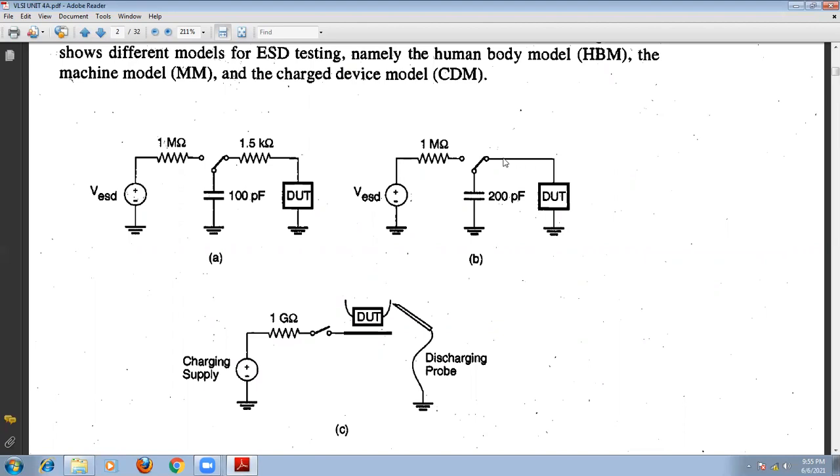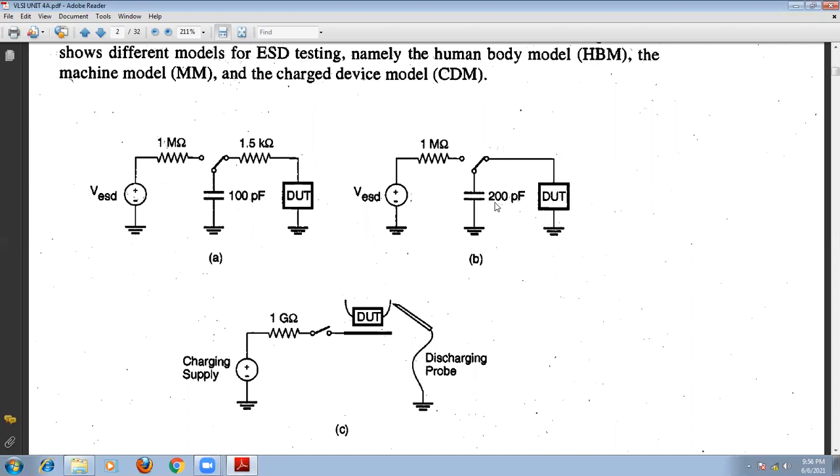We are going to consider zero resistance here. Basically, we are using a 0.5 microhenry inductor here. The inductor acts like a short circuit for the DC supply, because the capacitor charges. So it can be considered as a short circuit there, so basically a 0 ohm resistor.